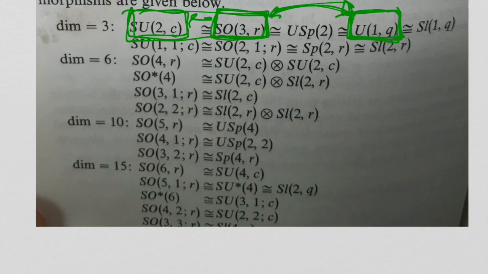So now understand, this is where the word dimension starts to get out of control, because we know that SU2 over the complex numbers is working on a vector space of dimensionality 2, right? So this is going to represent basis changes of a two-dimensional complex vector space with a sesquilinear metric.